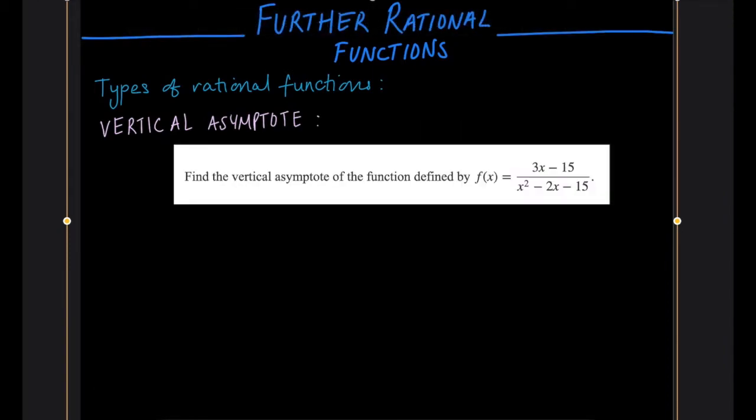This question says to find the vertical asymptote defined by f of x equals 3x minus 15 over x squared minus 2x minus 15. First we need to set the denominator to 0.